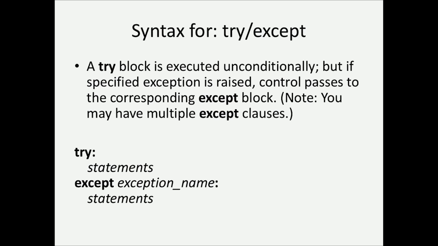You can also handle several different exceptions, which means that in this syntax you can repeat the word except with a different exception name, which is the name of an exception class, or an exception type. You can have as many of those as you want. So you can say try colon statements, except this exception, except that exception, except a third kind of exception. This is a very, very flexible syntax.